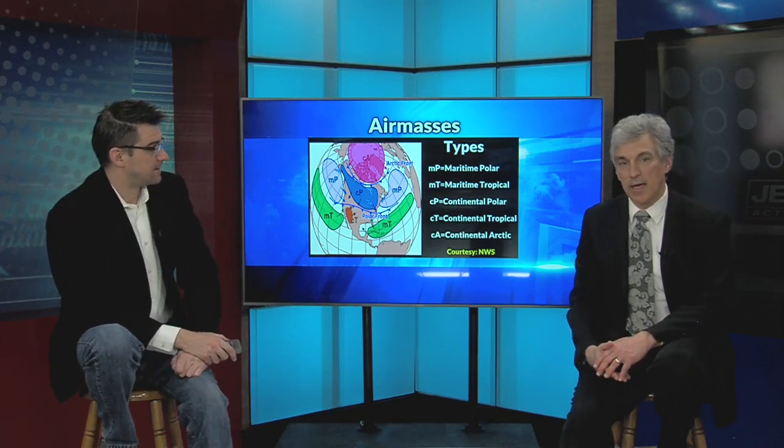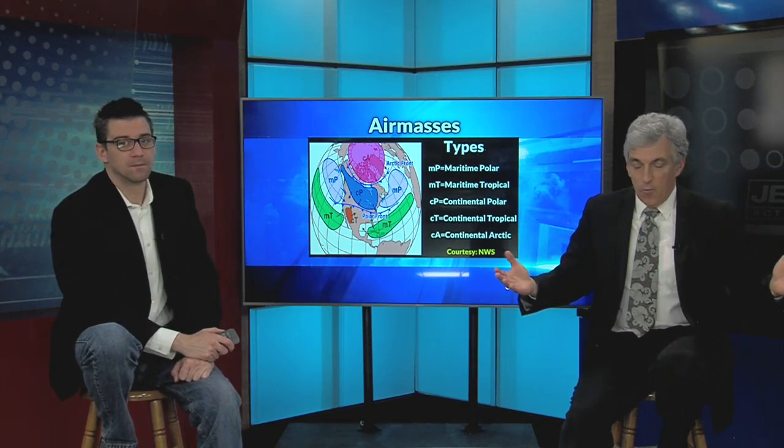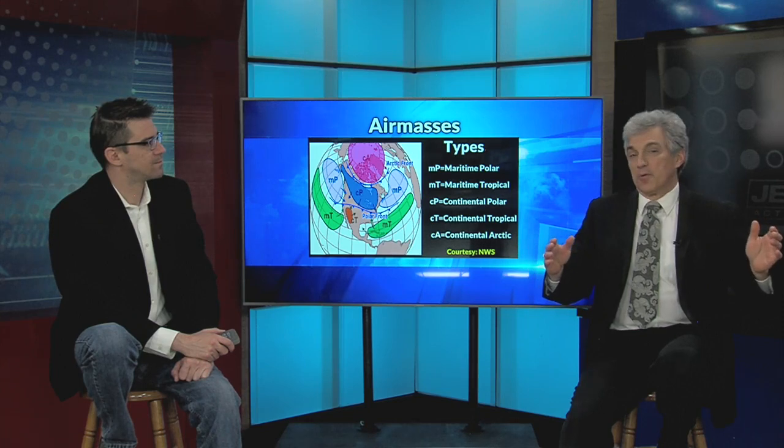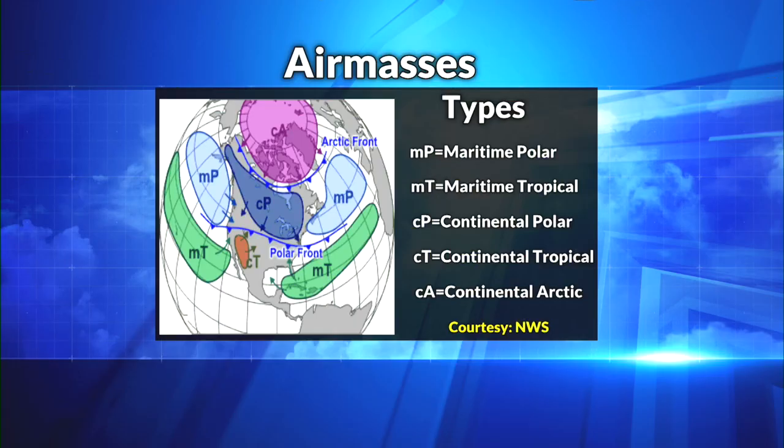Absolutely. And what is an air mass? We're going to use a very informal term here and say a blob, a large blob of air that typically stays over the same area for a very long period, what we call a semi-permanent period.